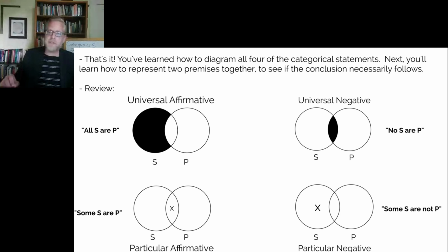Every single premise of arguments that I'm going to have you figure out validity for will be one of these. And so next time what we'll look at is how to combine two statements.